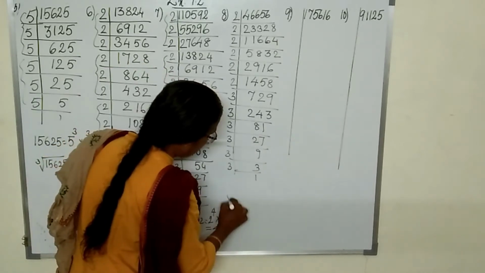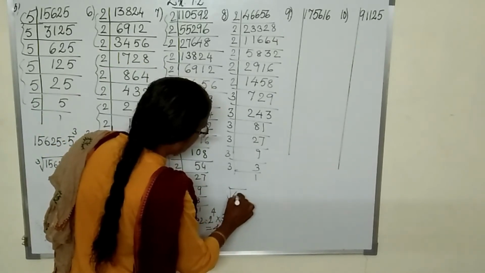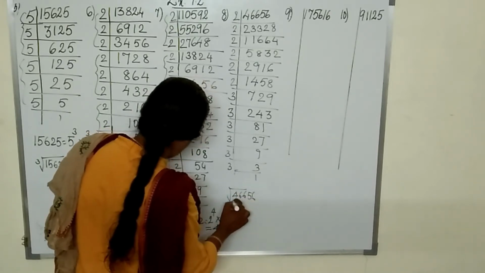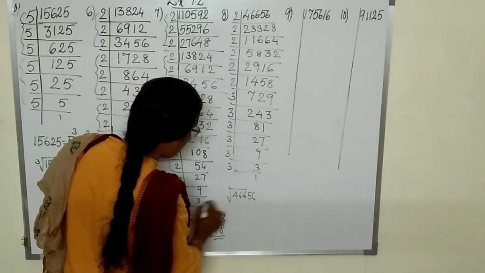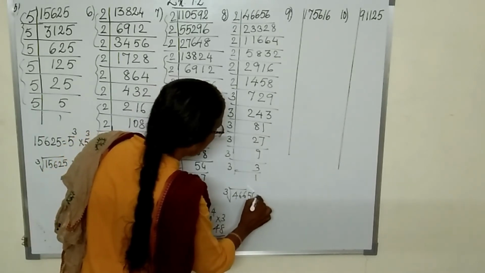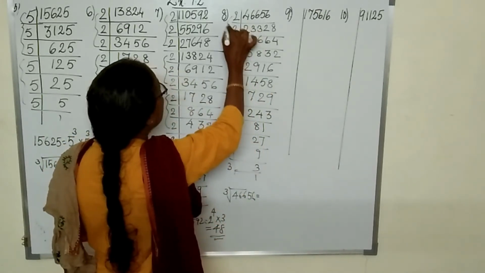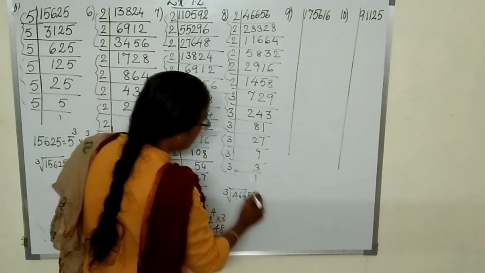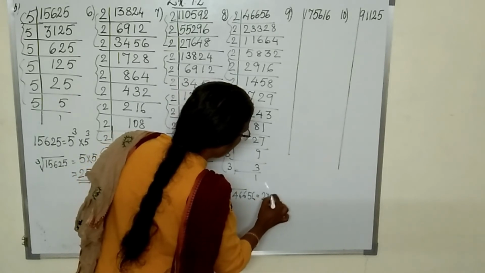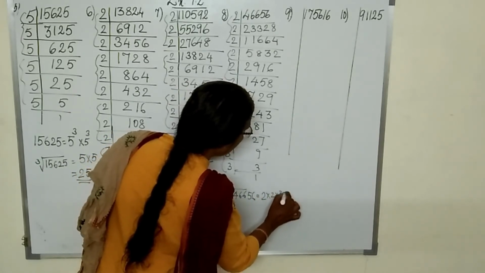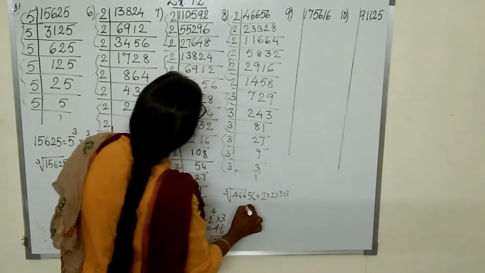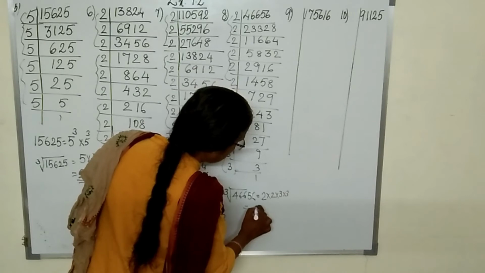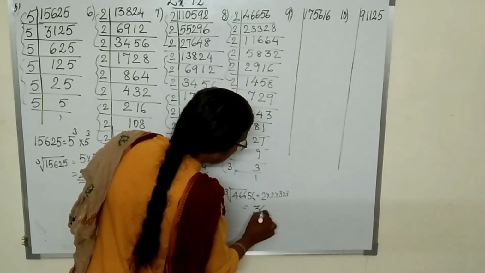So the cube root of 46,656 is equal to, see, 1, 2, 3, 1 time, 2 time. So 2 into 2 into 3 into 3. That is 2 2s are 4, 4 3s are 12, 12 3s are 36.